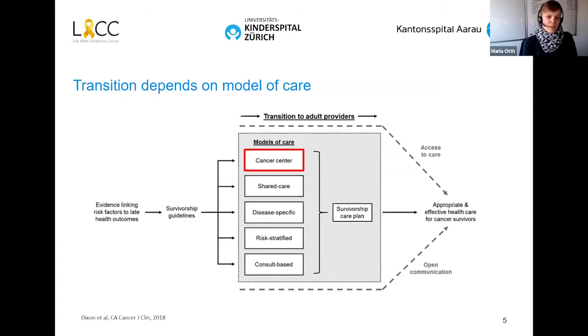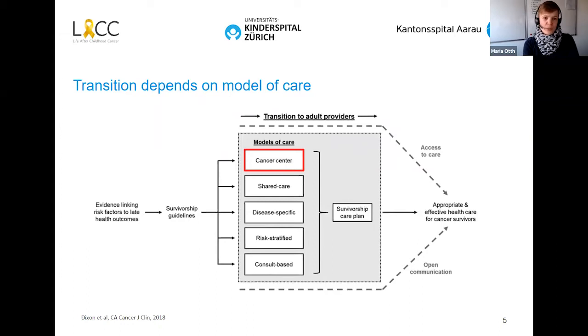It really depends on what is possible in the individual countries, in the individual clinic settings, and on the desires of the survivors. I think that's nicely summarized in a publication from Dixon et al. from 2018. They describe five different types of transition models, or models of care, and I just quickly want to explain them to you.